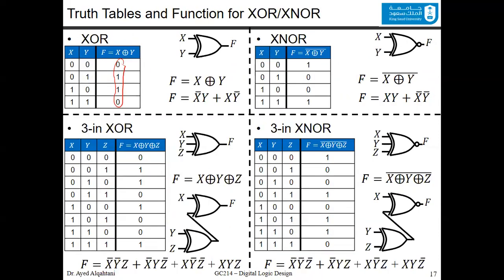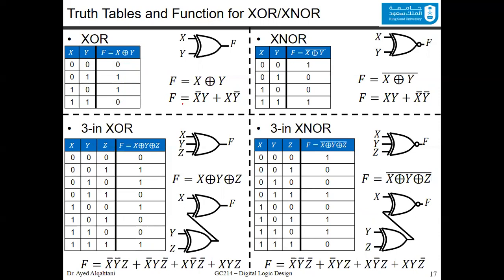In the XOR, it's 0, 1, 1, 0. So it's strictly having a 1 in the output if only one of the inputs is 1. If both of them are 1, it's going to generate a 0 at the output, and this is the main difference between the XOR and the OR.